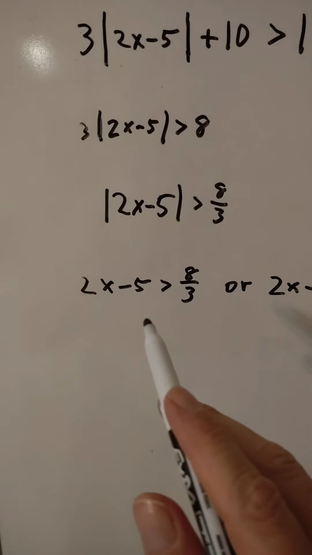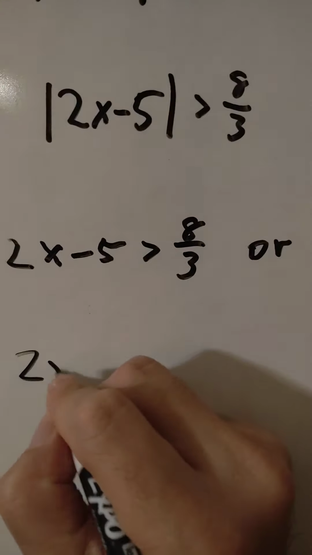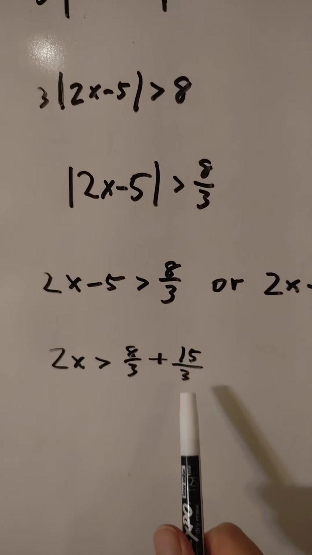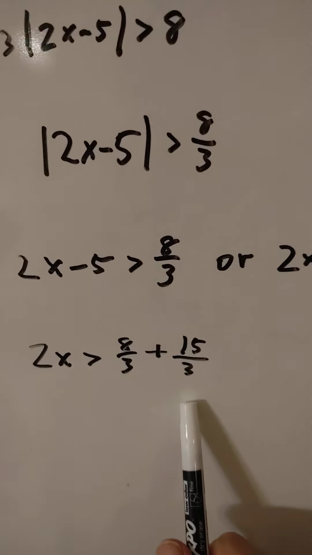Add 5 to both sides next. So I get 2x is greater than 8/3 plus 5. What's another name for 5 with the common denominator of 3? How about 15 over 3? Do we feel comfortable with that? Adding 5 to both sides. Isn't 15 thirds the same thing as 5?